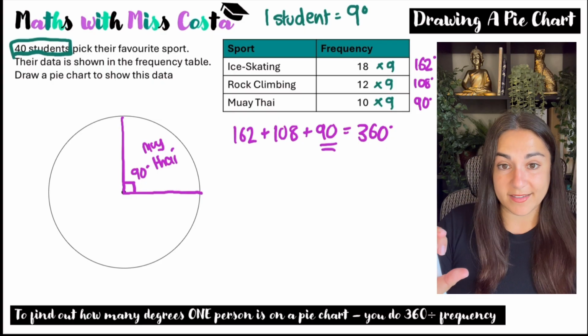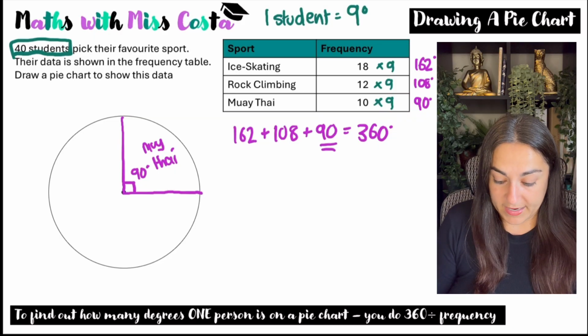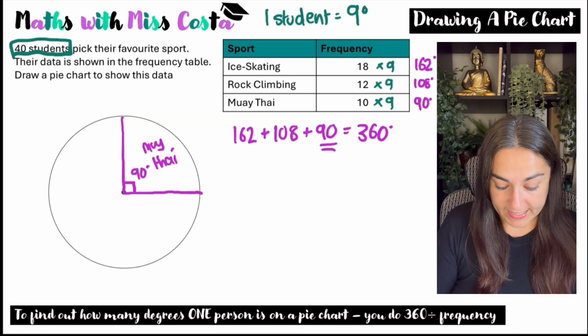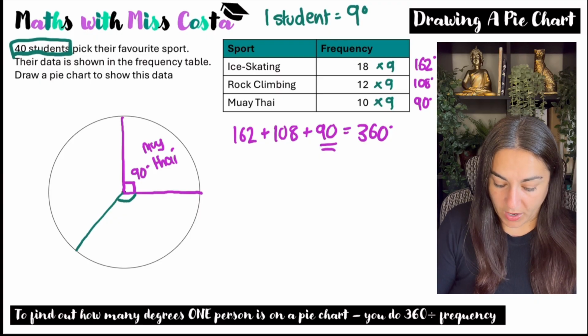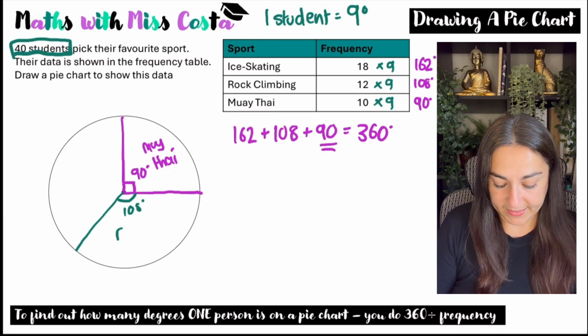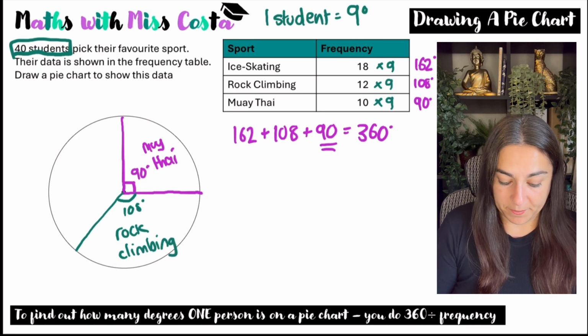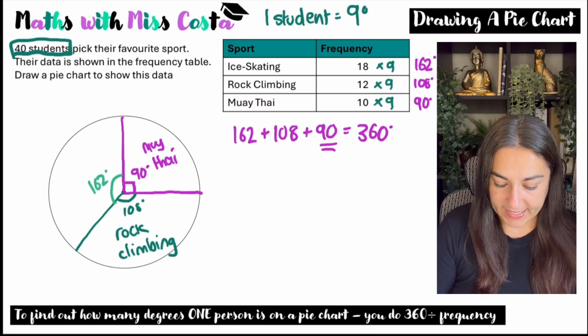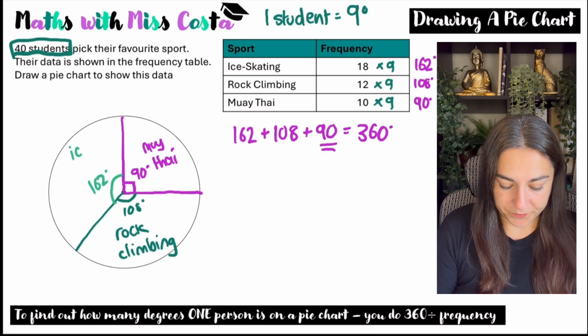So you get your protractor, you line it up, and then you measure it out. So 108 degrees would be over here. So I would label that 108 degrees, and I'd say that's for rock climbing. And then the last one would be 162 degrees, and that's going to make up the rest of the pie chart. So 162 degrees is ice skating.